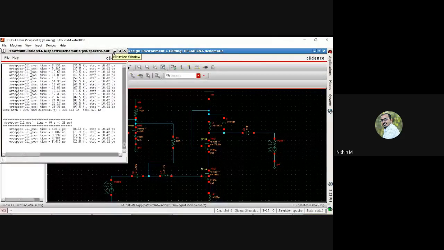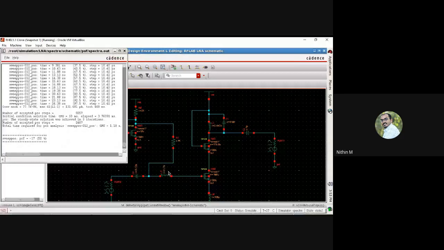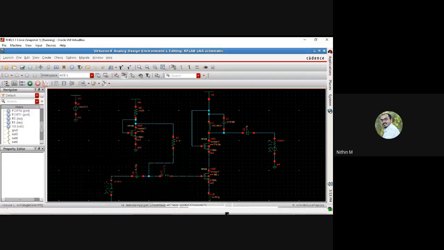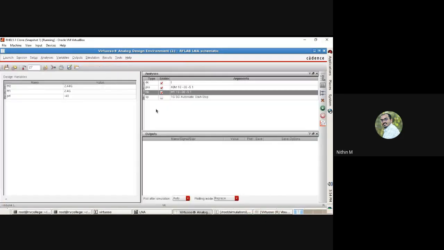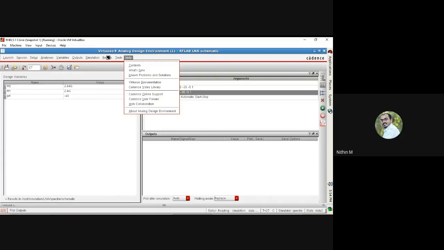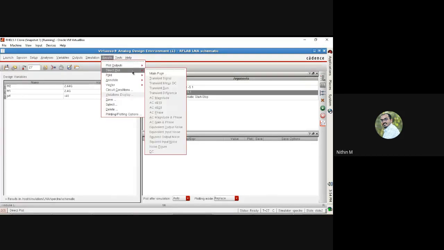I enabled both analyses, that's why it is taking a bit of time. Yeah, it's taking time. Once the analysis is over, let me check whether it is over. I think it is over.